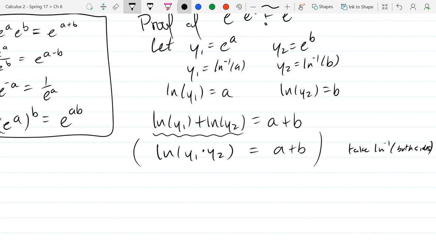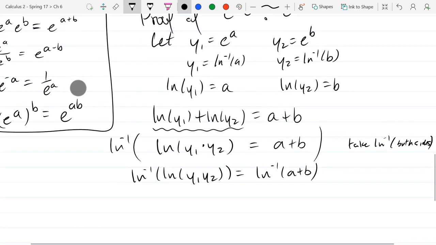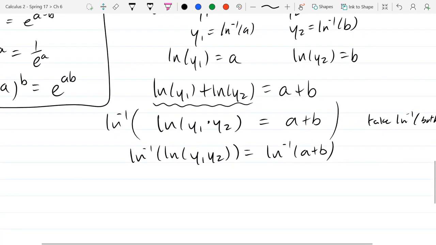So we're going to ln inverse this whole thing, both sides. All right, easy question. What happens on the left side? Ln inverse of ln of y1 times y2. They cancel out. So just get y1, y2. So that's the easy part.